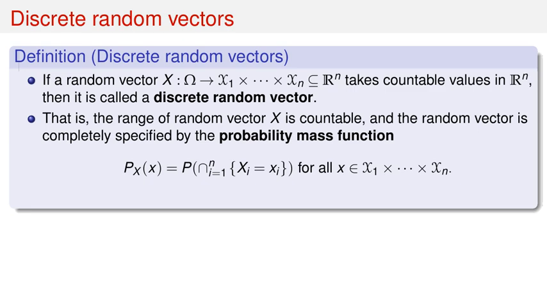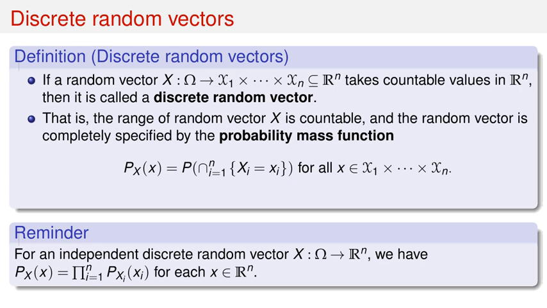That is, the range of the random vector X is countable. Such a random vector is completely specified by its joint probability mass function, or PMF, p_X(x), which is the probability of the intersection from i equals 1 to n of X_i equals x_i, for all x in the product space script X_1 cross and so on, cross script X_n.